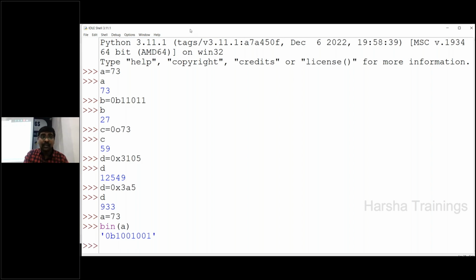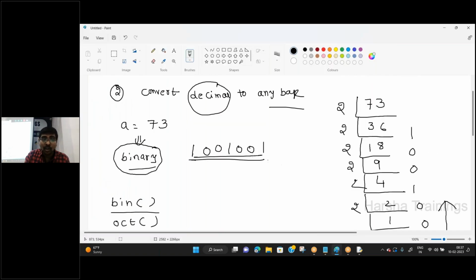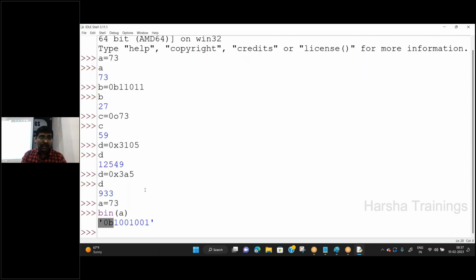See what the prefix is. You already know, a binary number is prefixed with 0b. What is the answer? 100 1001. Check whether it is right or wrong. Perfect. Now I converted my 73 into binary.